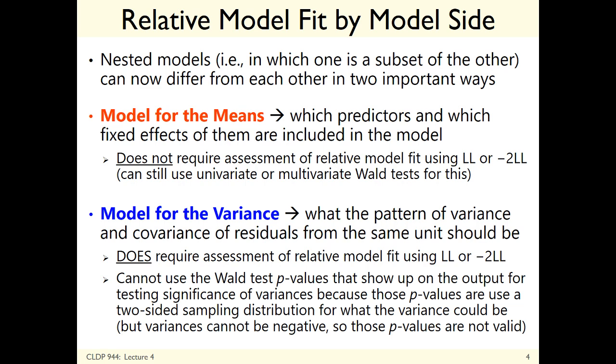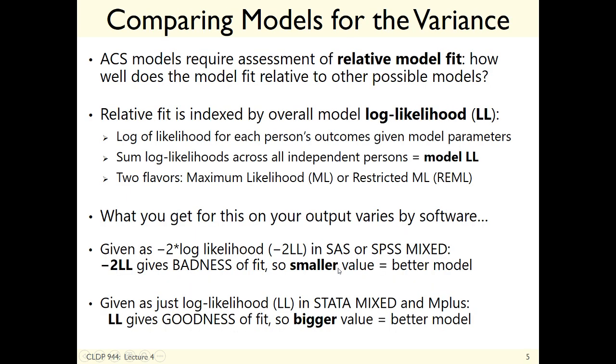You don't have to do likelihood ratio tests for that. You can just stare at the p-values, for each fixed effect univariately or a collection of parameters as a multivariate test. For the model for the variance, though, we do have to do likelihood ratio tests. You're not allowed to stare at the p-values for the Wald test.